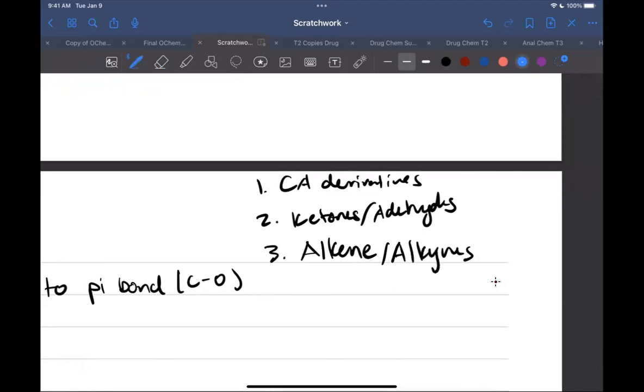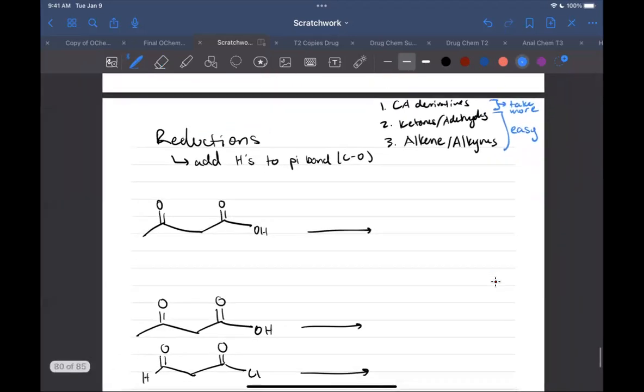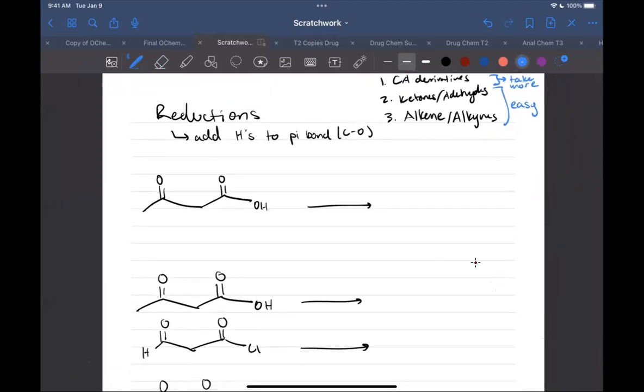Now, the distinction I want to make is that these are relatively easy to reduce, but carboxylic acids take more power. They need a lot more reduction potential in order to destroy them.